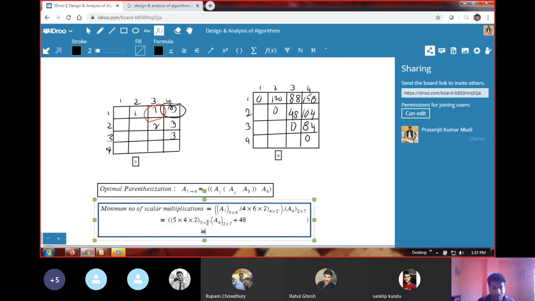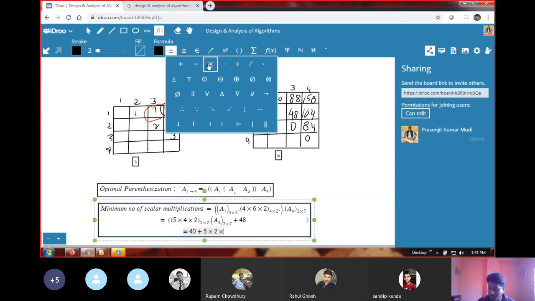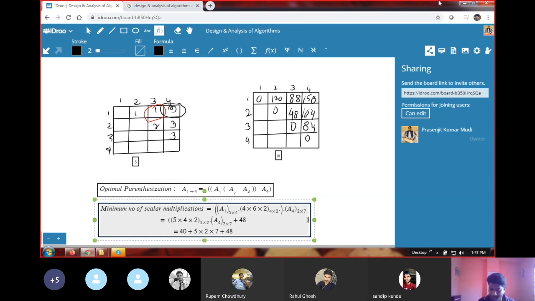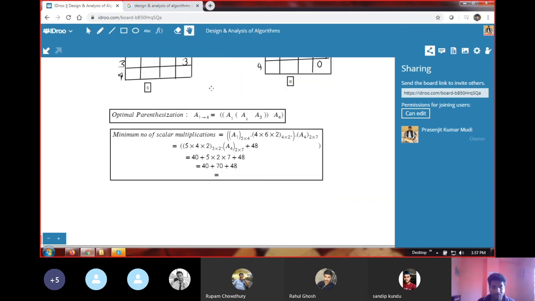So in the next line, 5 into 4 into 2, that is 40, plus the scalar multiplications in the product 5 cross 2, 2 cross 7, that is 5 cross 2 cross 7, that is 70, plus 48. So 40 plus 70 plus 48, and the answer is 158. Okay, so this is the answer.